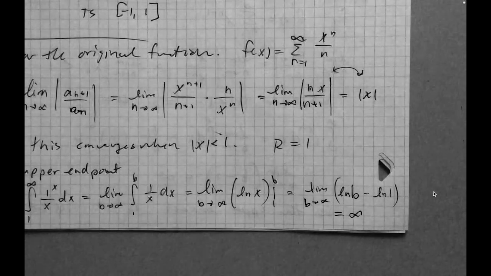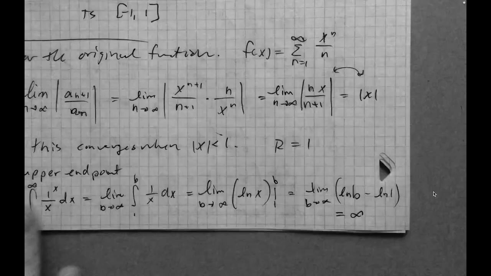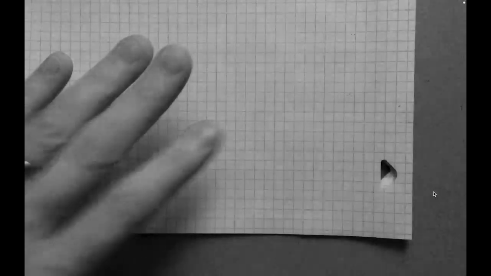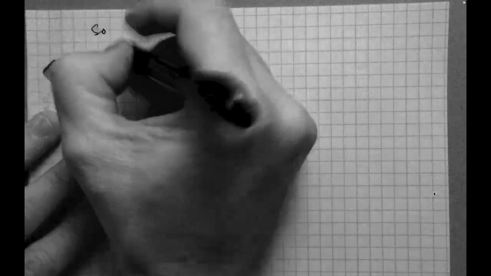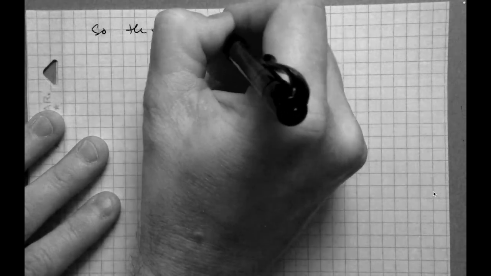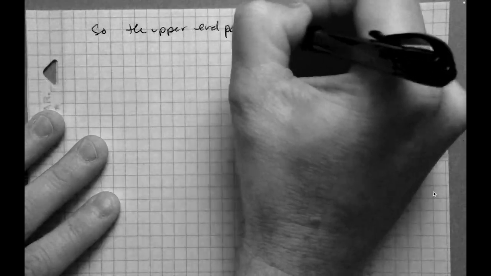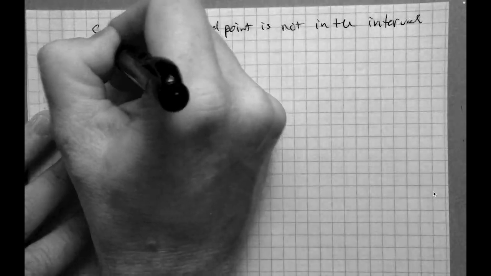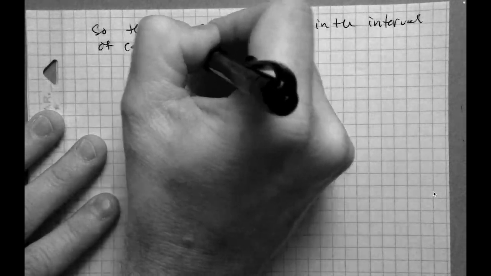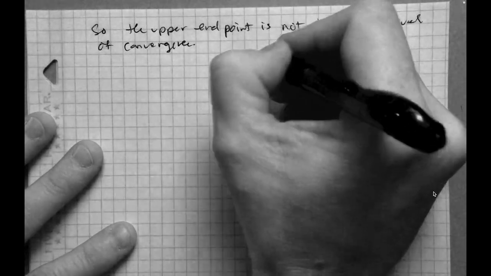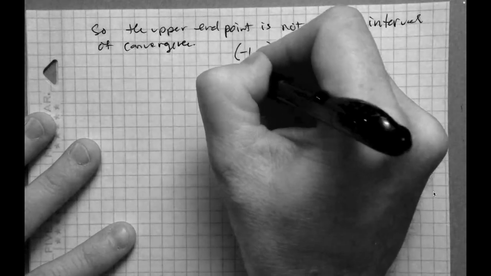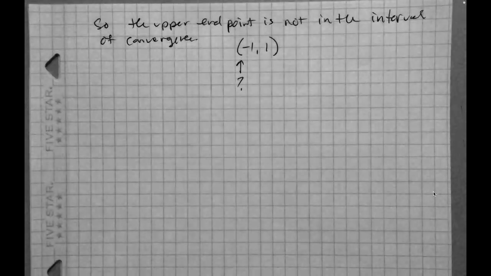Okay, and so what does that mean? Well, it means that the upper endpoint is not in the interval of convergence. Okay, so we know at least that the upper one is open.